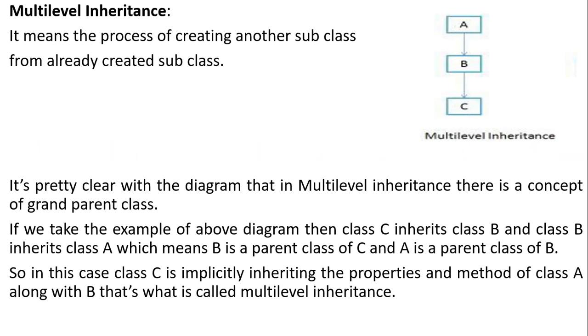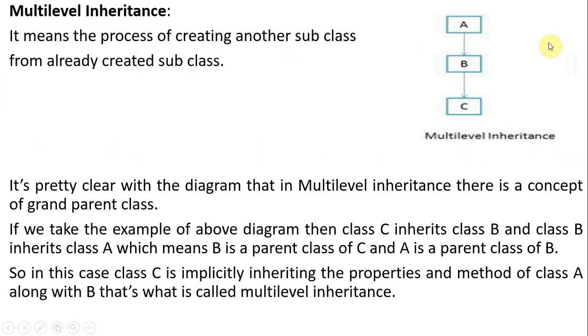We have five types of inheritance: single, multi-level, multiple, hierarchical, as well as hybrid. One of the inheritance types is multi-level. So what is multi-level inheritance? The process of creating another subclass from an already created subclass.